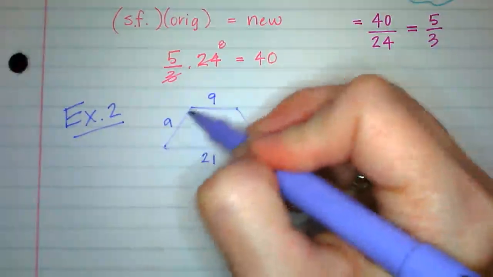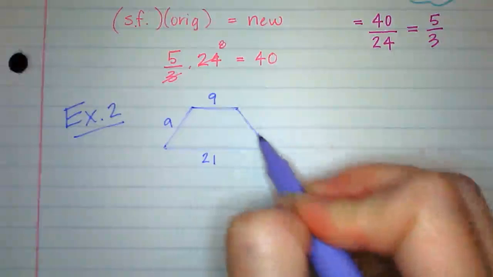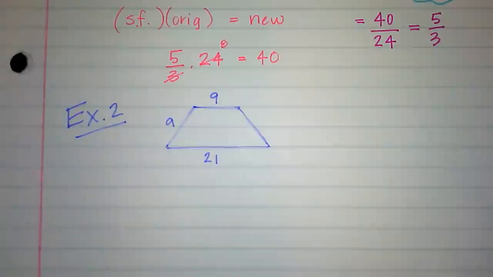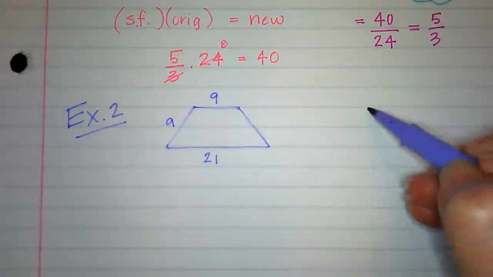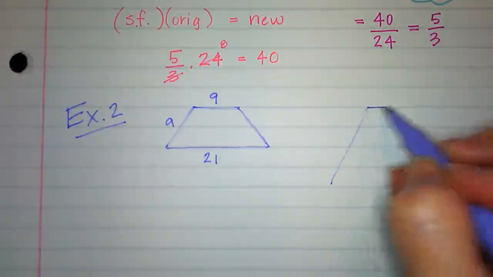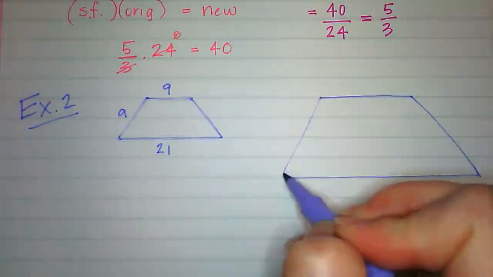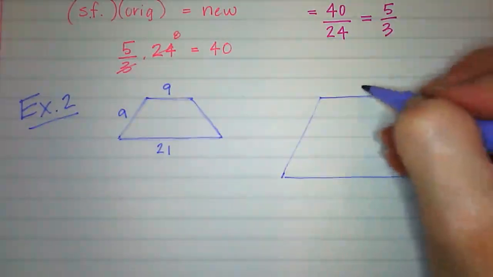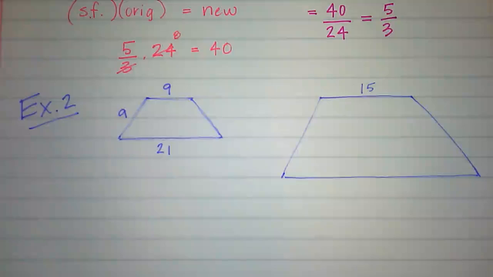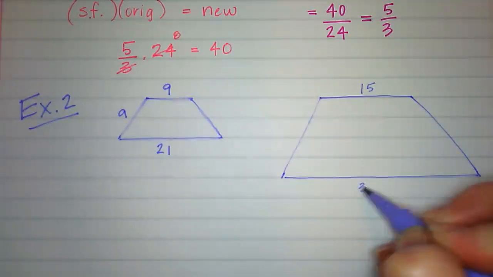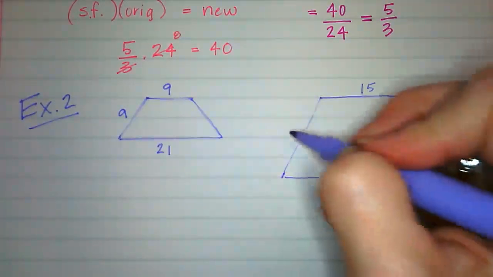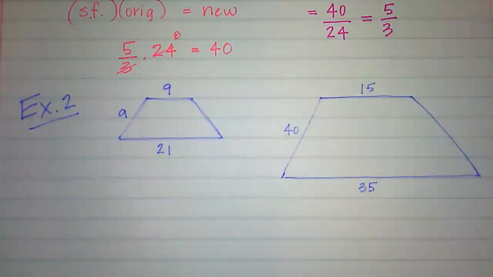So we have this trapezoid right here, and then here is the trapezoid that it is similar to. So this is 15. We'll say this side is 35. We'll name this side as 40.